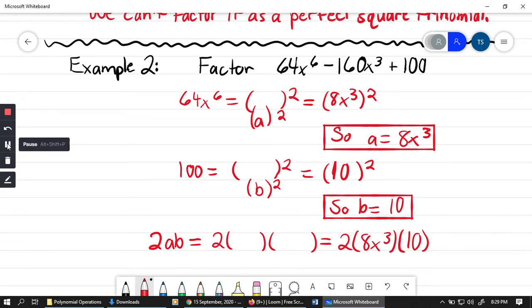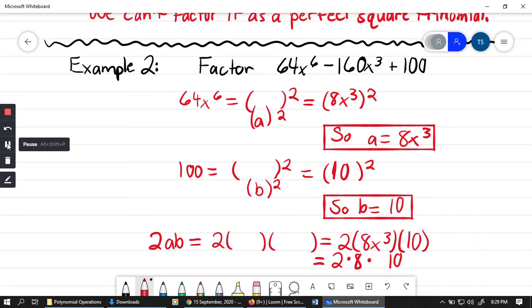So notice how this middle term, the one that's supposed to be equivalent to 2ab, is a negative. So you need to be aware of the fact that that is a negative 160, which means that we have to consider, even if these numbers, the 2 times the 8 and times 10, 2 times 8 gives you 16, 16 times 10 gives you positive 160.